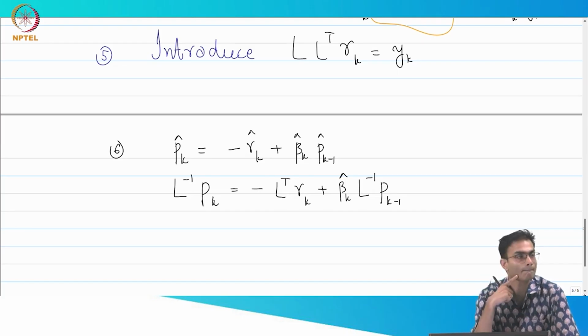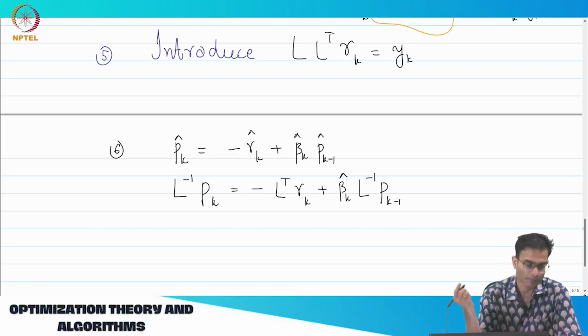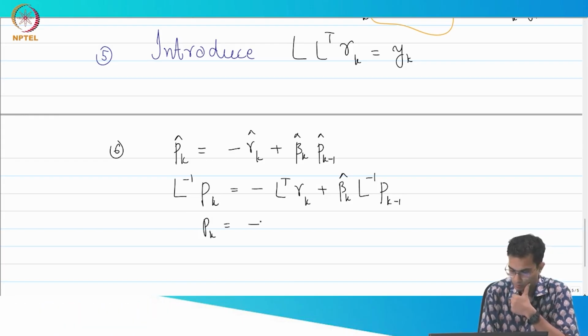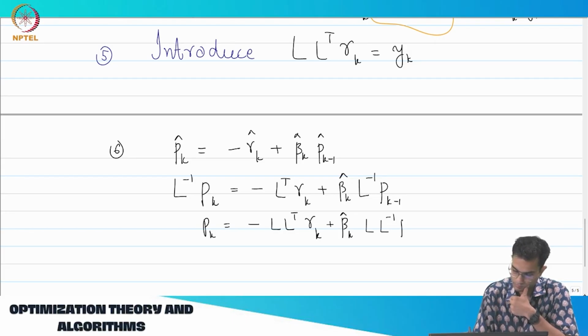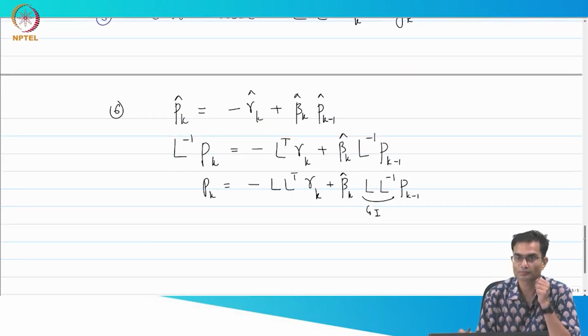What do I do here? Left multiply by L. So that is going to give me my pk. So minus L, there our friend appears again. L L inverse cancelled off, right.